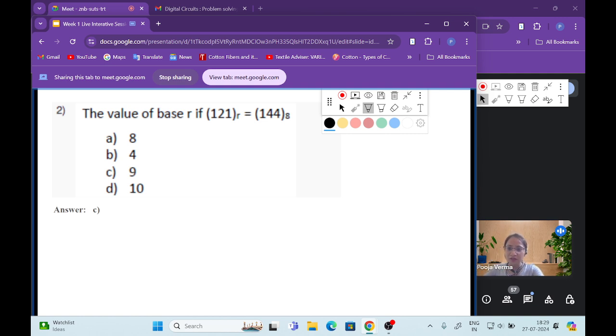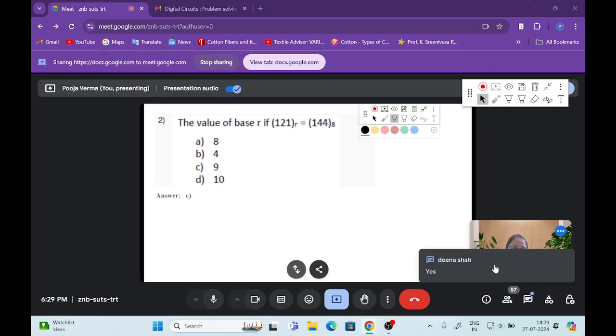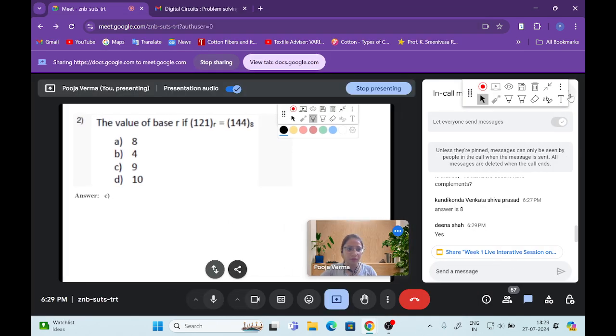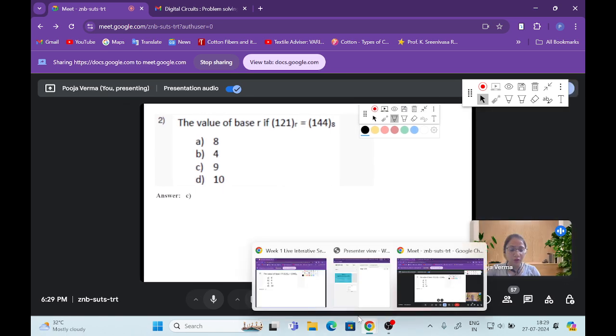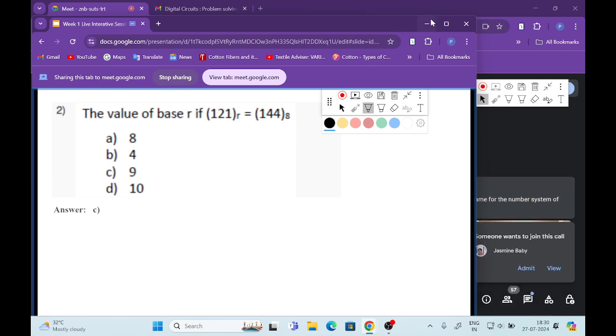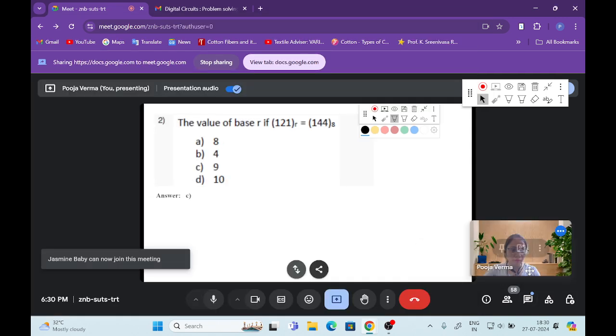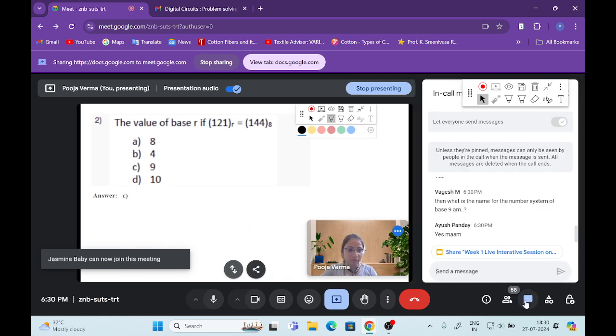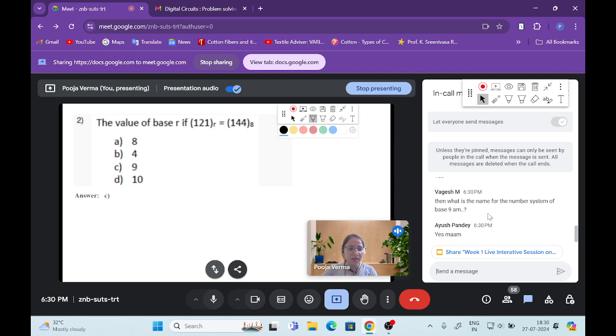So the next one is: the value of the base R if 121 base R is equal to 144 base 8. Okay, are you solving the questions with me? And what is the name of the number system of base 9?